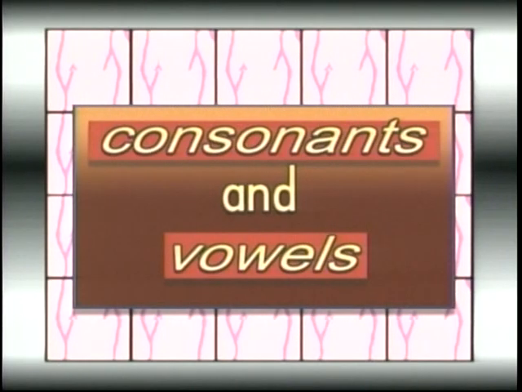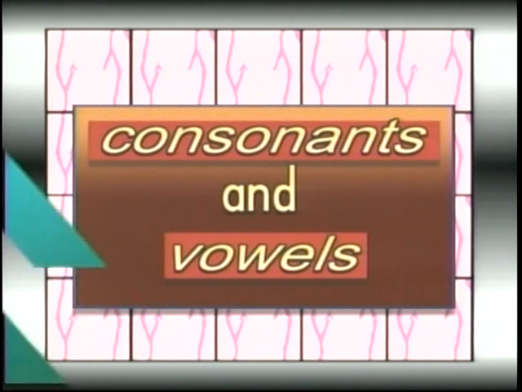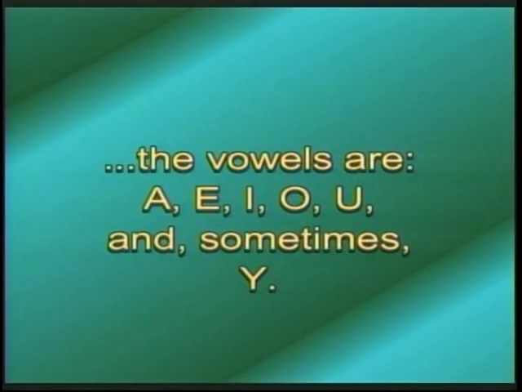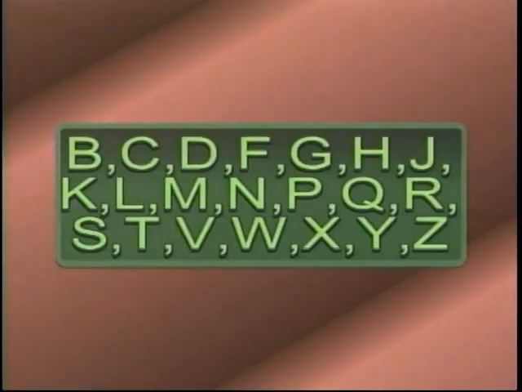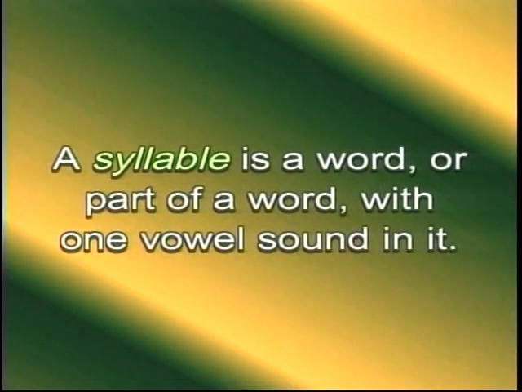Let's review the main entries of this lesson. We learned that we have two kinds of letters in our alphabet, consonants and vowels, and that the vowels are A, E, I, O, U, and sometimes Y. All the other letters of the alphabet are consonants. A syllable is a word or part of a word with one vowel sound.